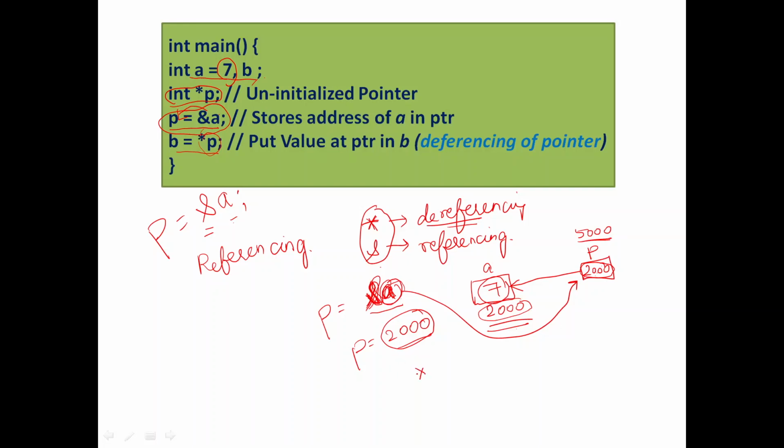When the asterisk symbol precedes a pointer variable, it will perform dereferencing. That means it will go to the address stored in this pointer variable and return the value stored there. So this will be replaced by the value 7 and it is assigned to the variable b. So this is what is happening.